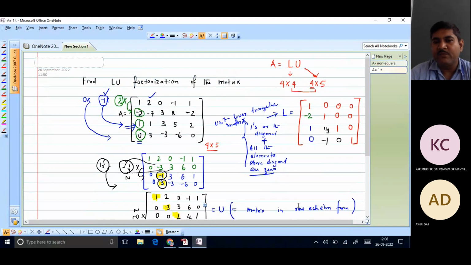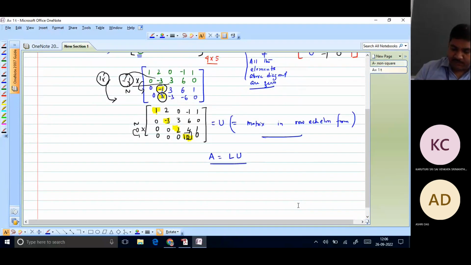And L, we prefer to take a matrix which is unit lower triangular matrix, meaning ones on the diagonal and above diagonal entries are 0. Below diagonal elements can be anything, but I require ones on the diagonal and above diagonal entries are 0.